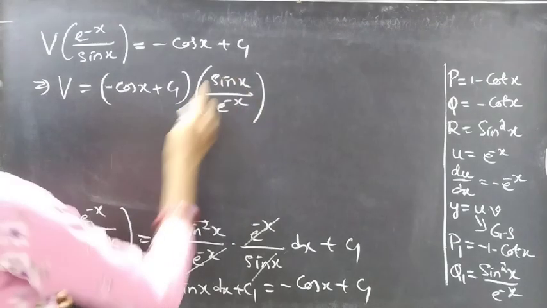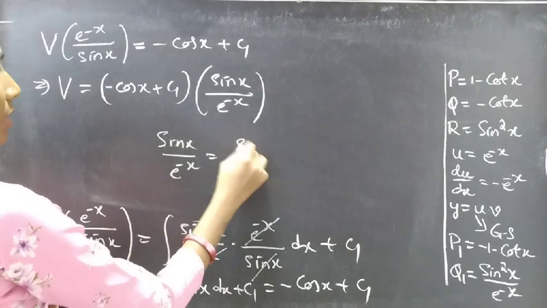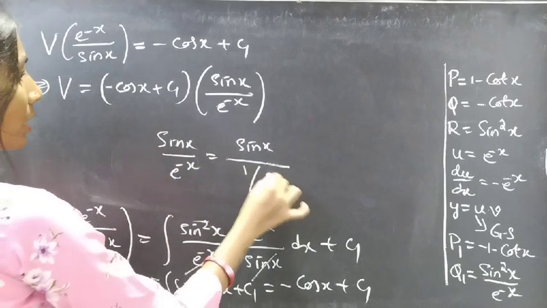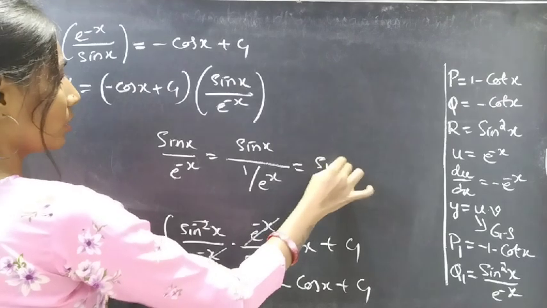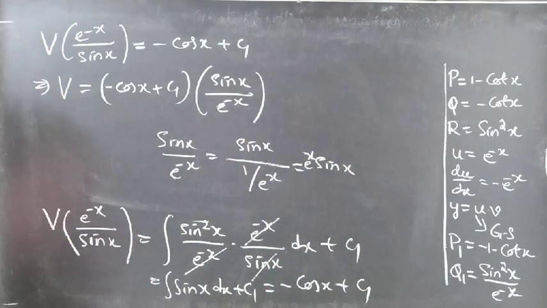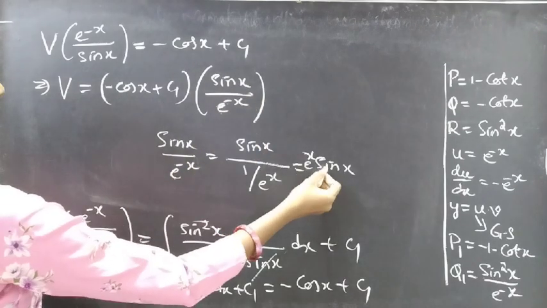See, here we have sin x by e power minus x, right? We can write e power minus x as 1 by e power x, then we'll get sin x into e power x. So we can write sin x by e power minus x as e power x sin x.